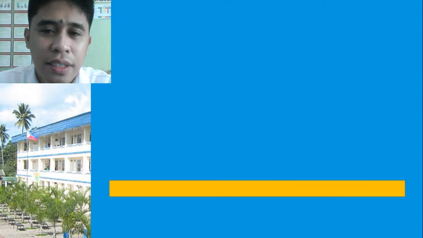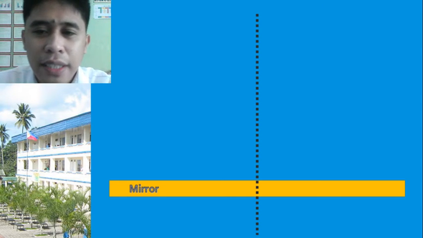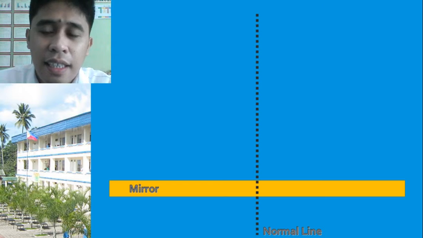All objects in the universe are attributed with an imaginary line perpendicular to its surface, which we will call the normal line. In a mirror such as in this illustration, the normal line always intersects at right angles from its surface.